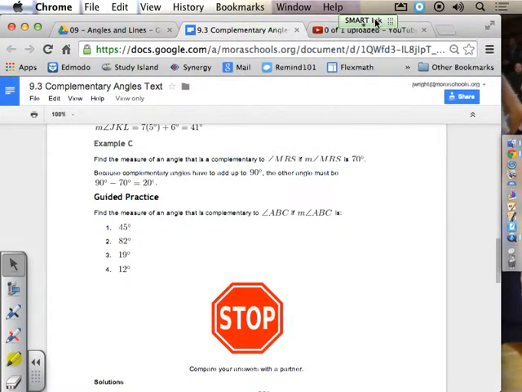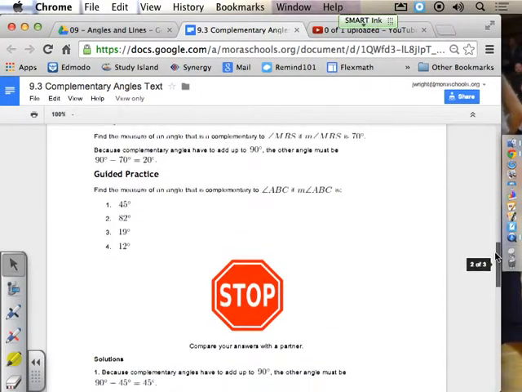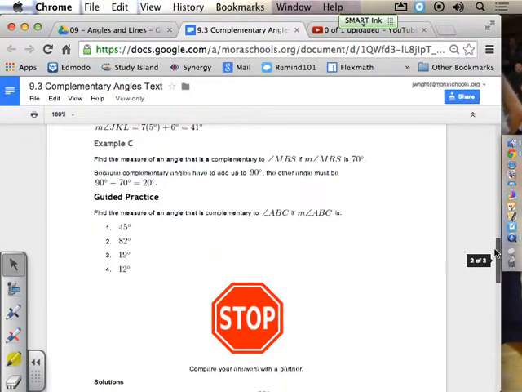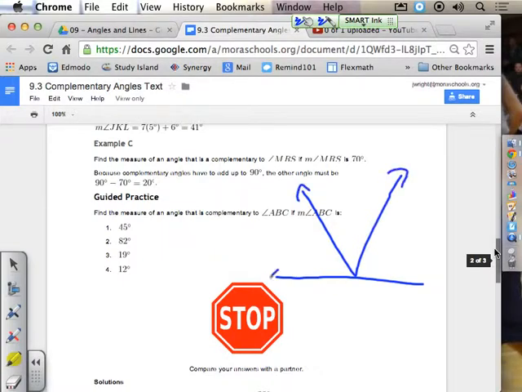Let's go over the second part, adjacent, okay? Adjacent. Adjacent would mean I have three angles here. And let's say that this one right here, I got to redraw this because this is not good.